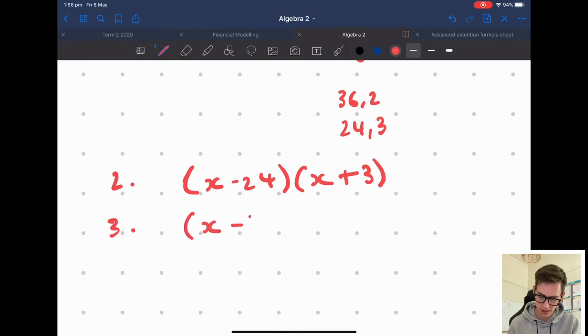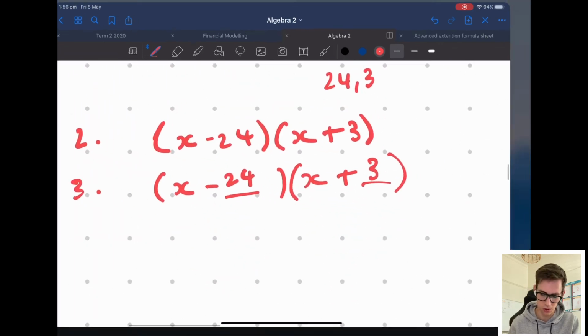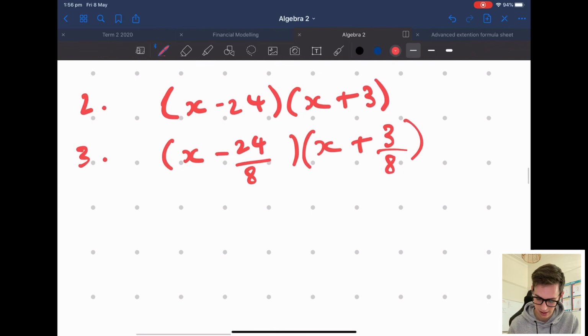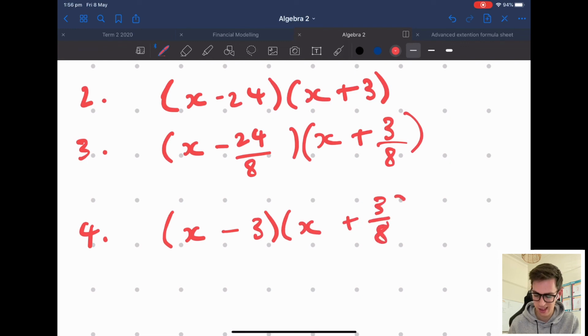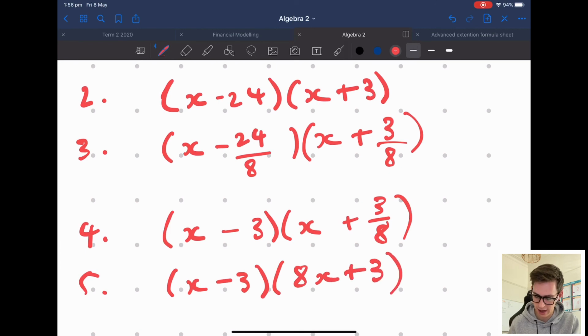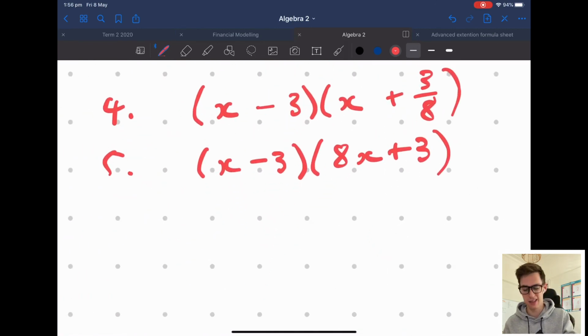Now step 3 is I'm going to divide by the number I got rid of at the start. I can't remember what it was. Was it an 8? Yes. Okay. Step 4, I'm going to simplify the one that I can simplify. And step 5, I can slide that 8 up from the denominator.